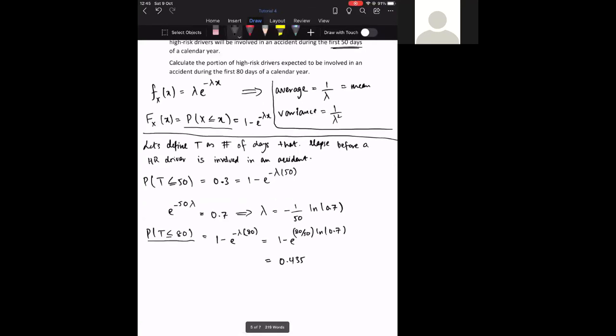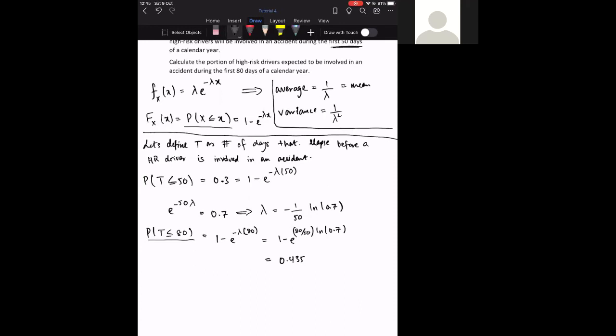So what we just did in this question is we had the cumulative distribution function of an exponential distribution defined as 1 minus e to the minus lambda x. We're given the probability that t is less than or equal to 50, we find lambda, and then we find the probability that t is less than or equal to 80 using the CDF formula by plugging in the values of x and lambda.